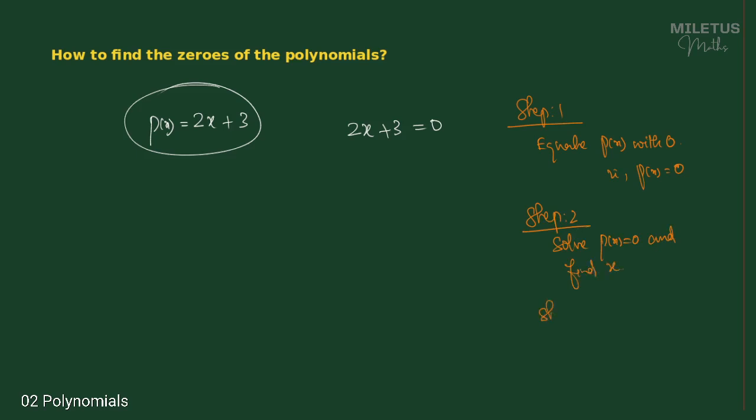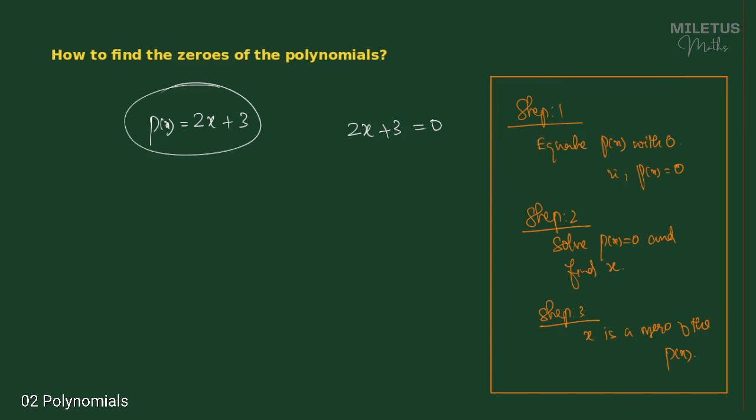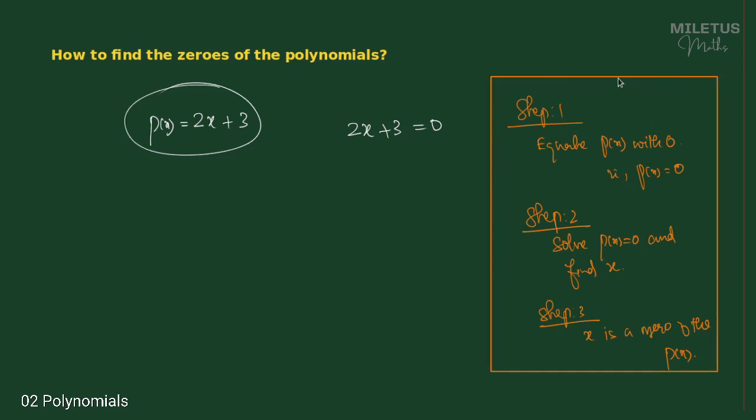And step 3 is simple: just write that x is a root. In fact, x is a zero of the polynomial p of x. Hopefully that makes sense. We do have steps to find the zeros of a polynomial in this fashion.